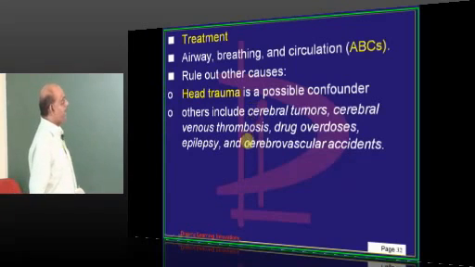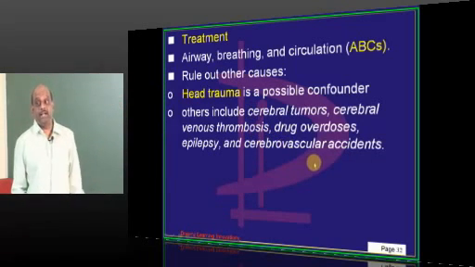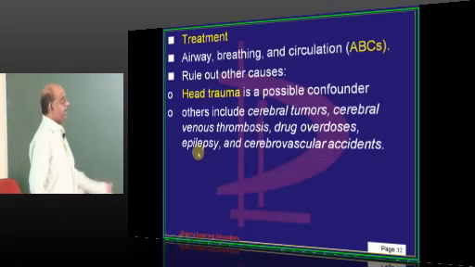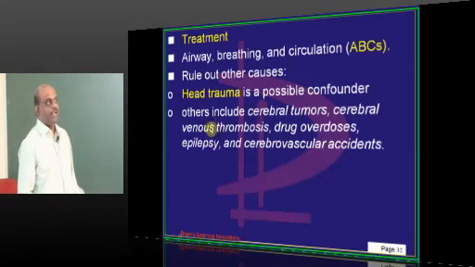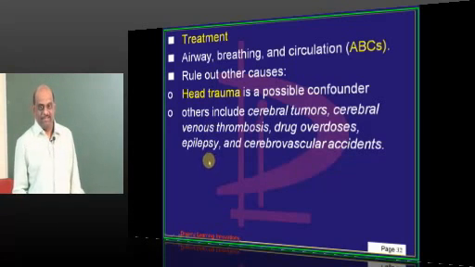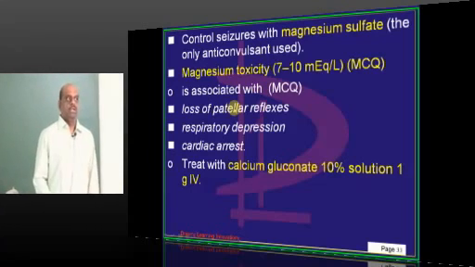So that's important, right? Cerebral tumors may present for the first time during pregnancy and can lead to seizures. Drug overdoses can occur. Epilepsy: previously only an epileptic disorder is there in a woman and her epilepsy worsened during pregnancy. Don't misdiagnose it as eclampsia. So these are all the things that you need to be very sure about.